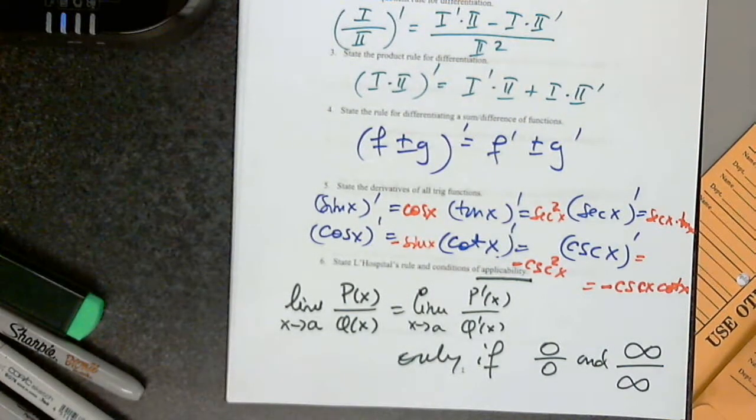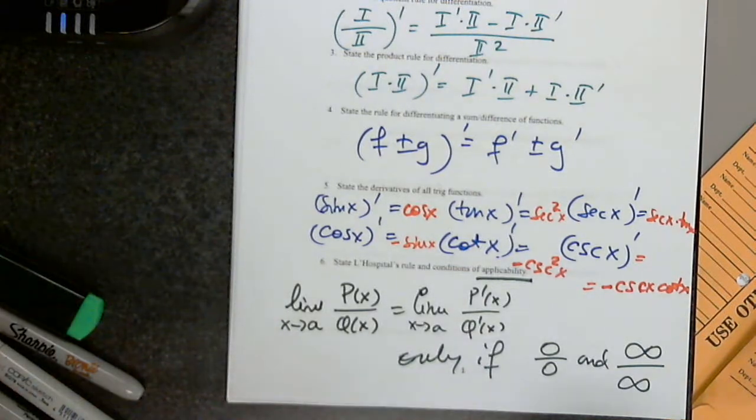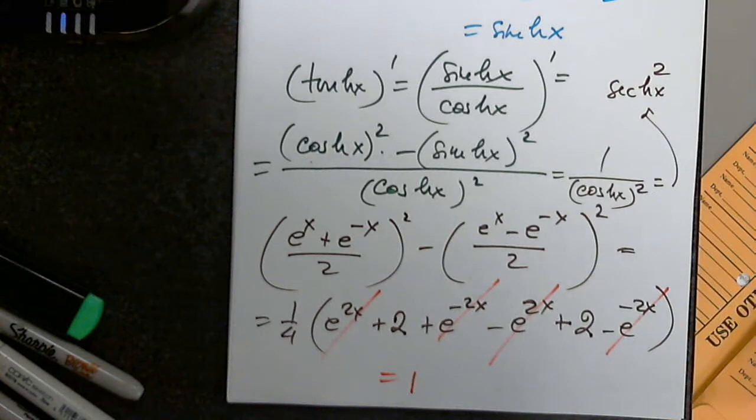These are the only two possibilities. So when I'm asked to find the limit of a ratio and I have 0 over 0 or infinity over infinity, I am allowed to write limit of p prime over q prime. We're going to come back to this theorem also in chapter 4. Okay, next page.